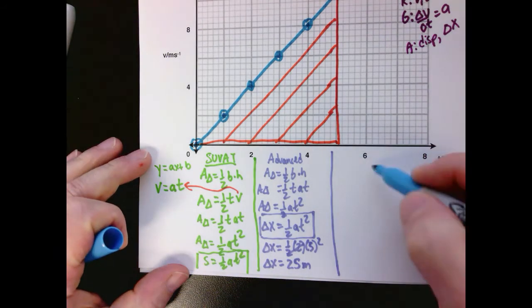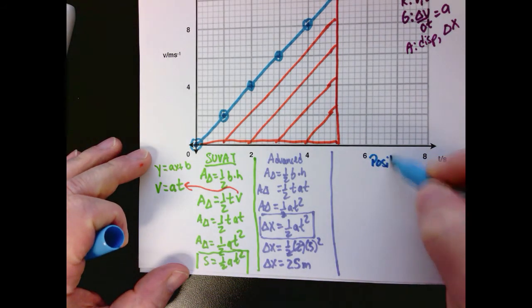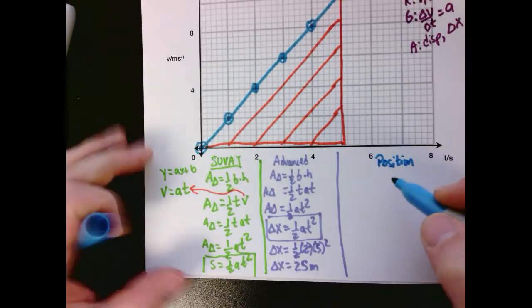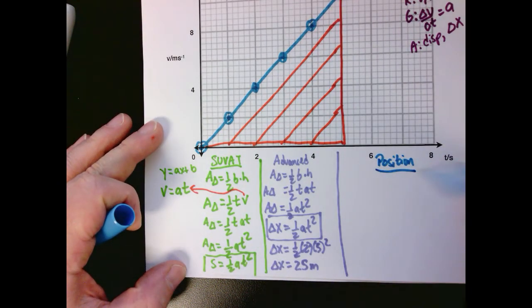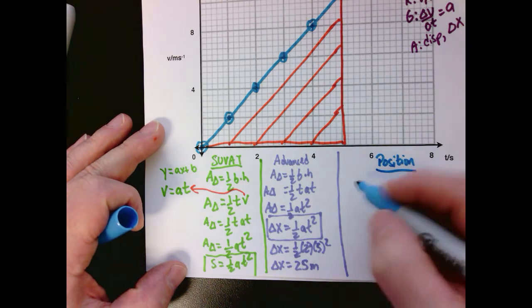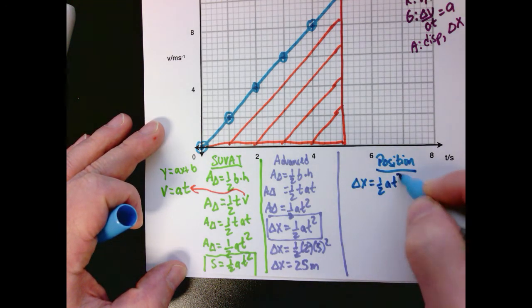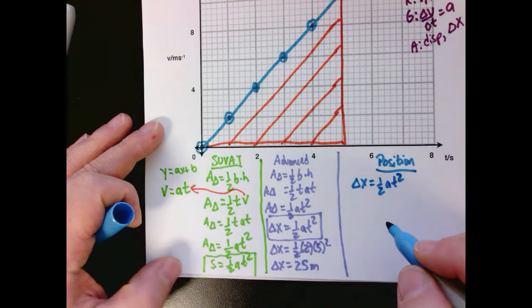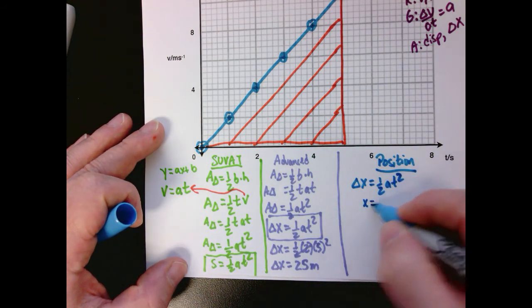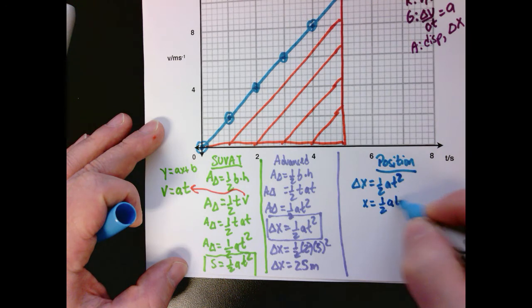So now to examine the position. We have the displacement, which is 1/2 AT squared. And we know to get the position, we must add in the initial position.